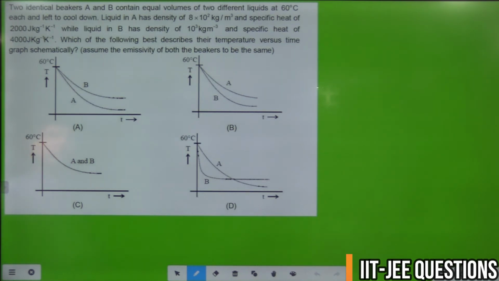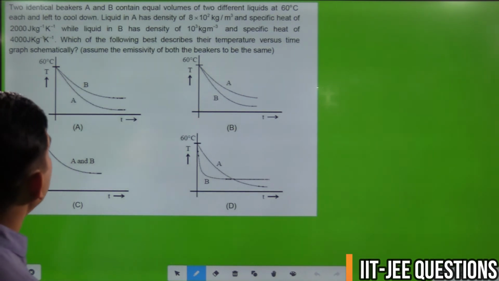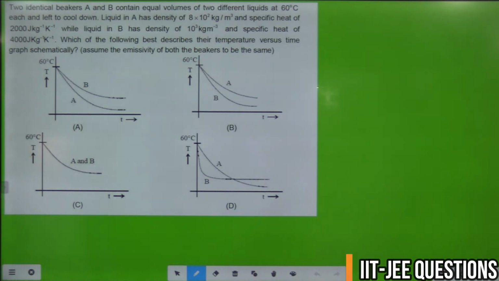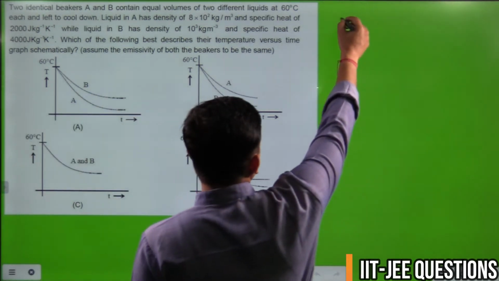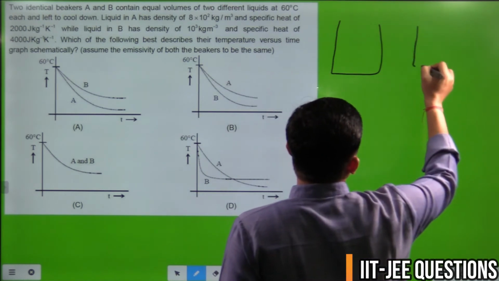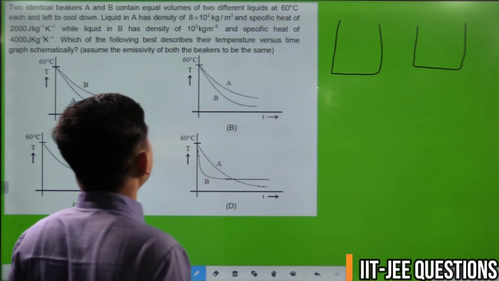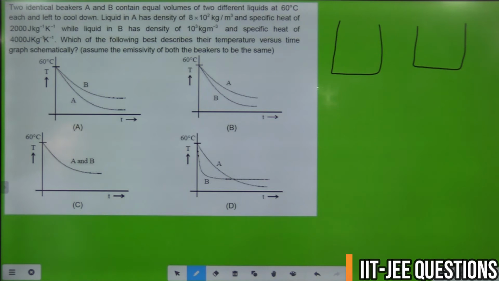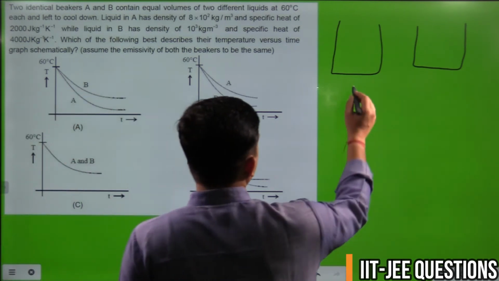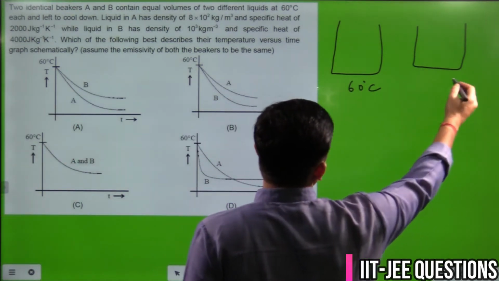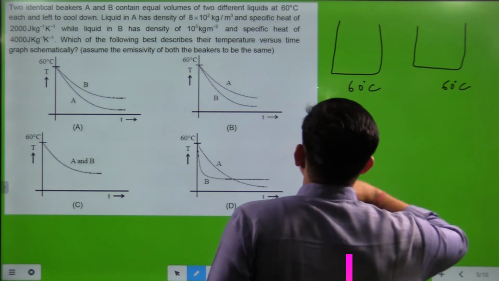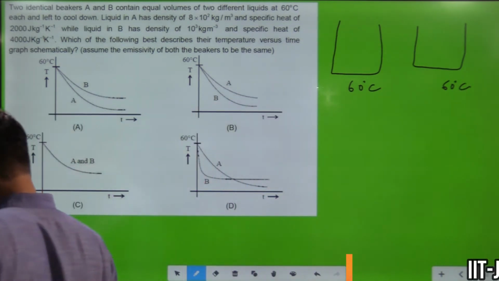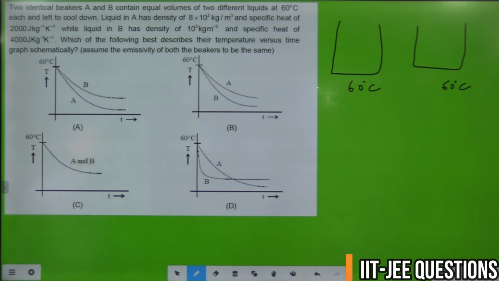In this condition, we have two beakers of equal volume, two different liquids at 60 degrees Celsius. Temperature 60 degrees Celsius, but the material or nature of the liquid is different.